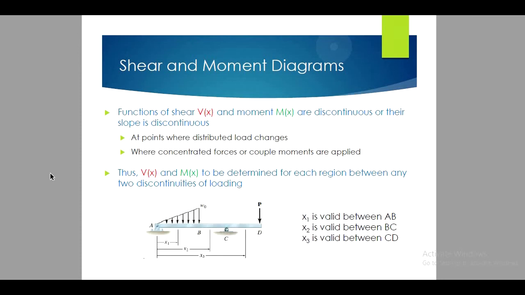So this internal force and moment can be determined for different regions. Where there is a concentrated force or couple, we divide the complete beam into different regions, and then we calculate the individual shear and bending moment, and then we draw the complete diagram in the end.